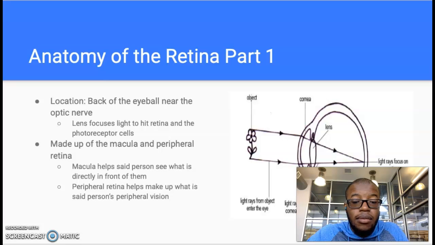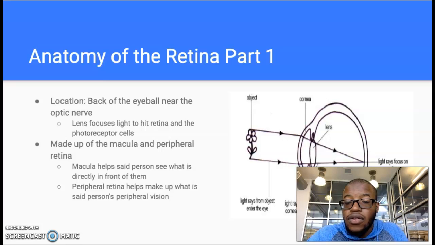It is made up of the macula and the peripheral retina. The macula helps a person see what is directly in front of them. The peripheral retina makes up a person's peripheral vision.